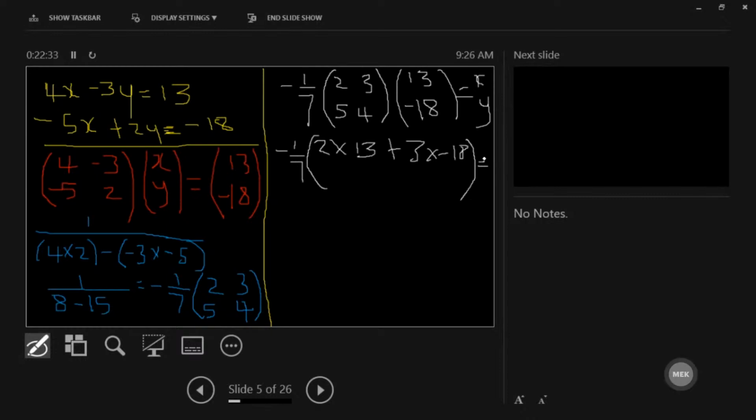I don't have any space, but it's equal to xy. And we'll have 5 times 13 plus 4 times negative 18.